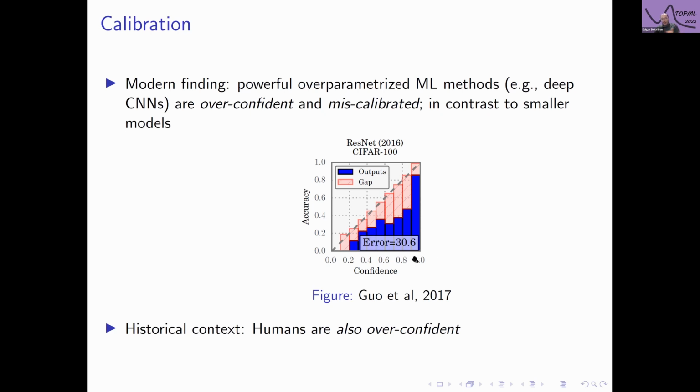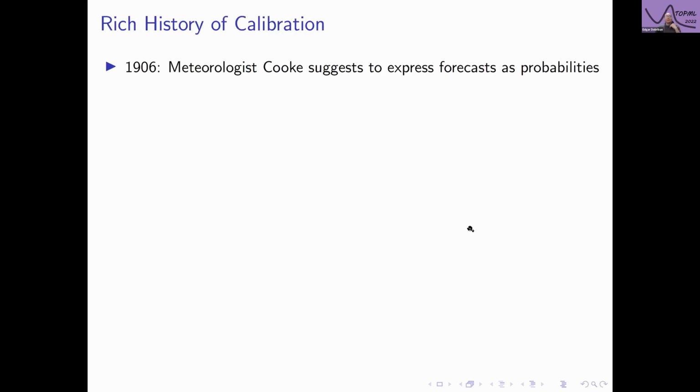This has drawn a lot of attention to the problem, but in fact there's also a larger historical thread that I'd like to highlight a little bit: research in the social sciences found that humans can also be quite overconfident. So I'll very briefly go over some of the context here about the history of calibration, and some of these ideas we will use later.